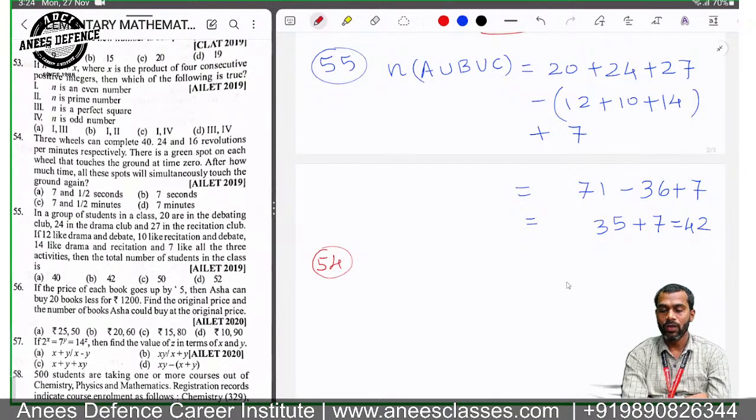All the wheels start at the same time, you can say. So after how much time will the same spot of all the wheels touch the ground? That is the question. The speeds are different.